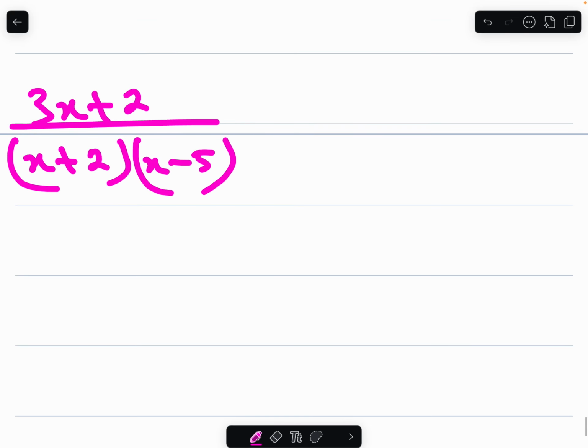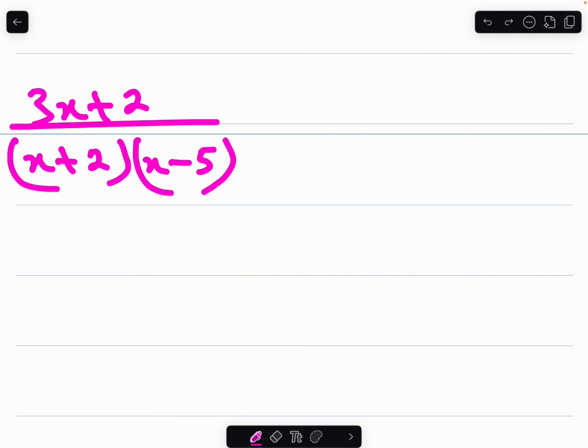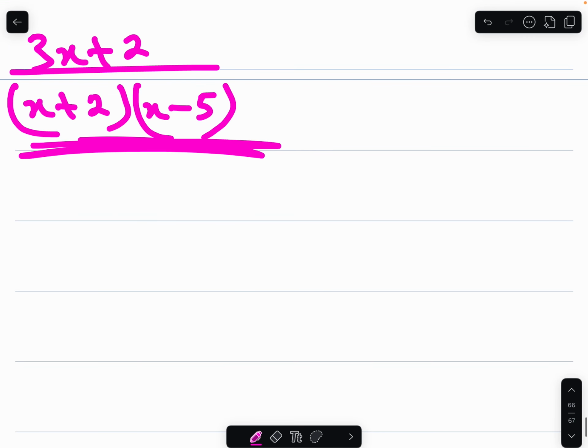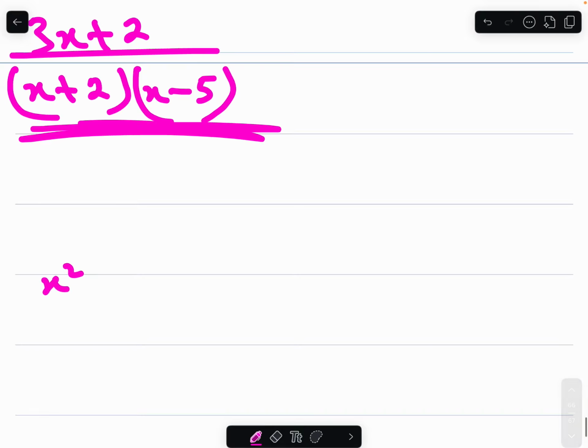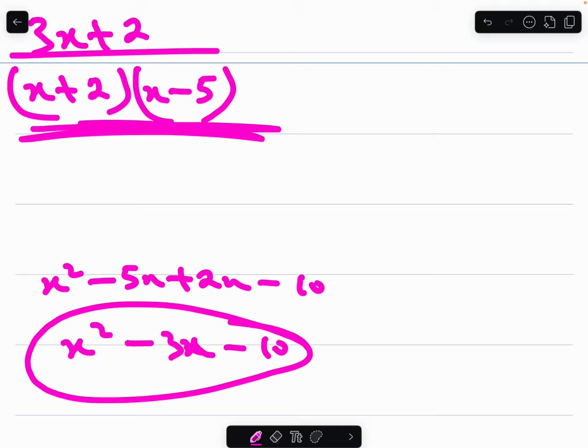The first thing to do is to check if the fraction is a proper fraction or an improper fraction. Now, if we expand this denominator, we get x squared minus 5x plus 2x minus 10, which is x squared minus 3x minus 10.